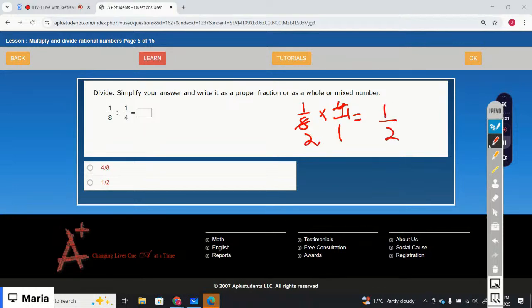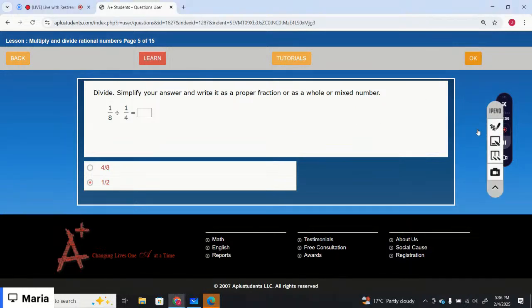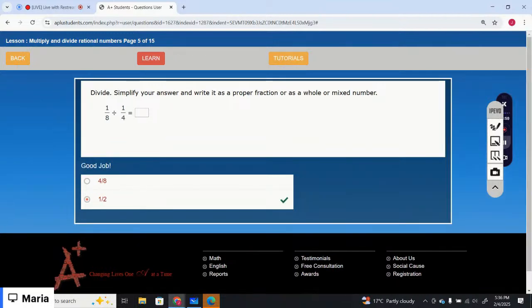That is 1 over 2. Option number 2 is the correct option.